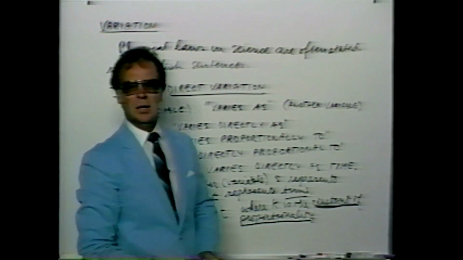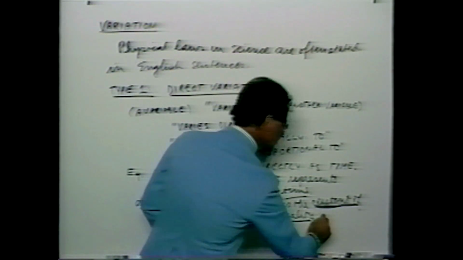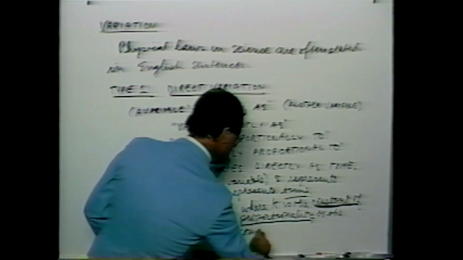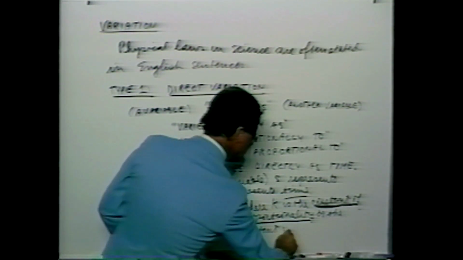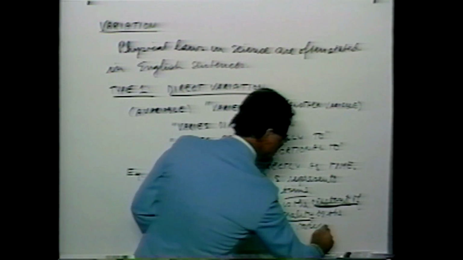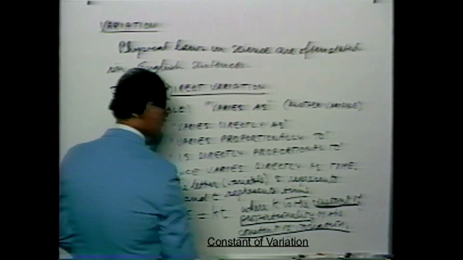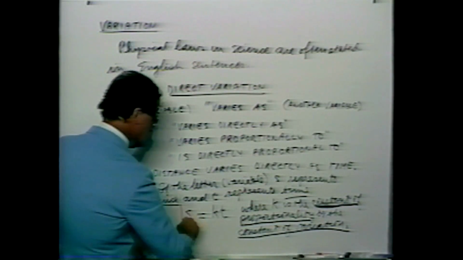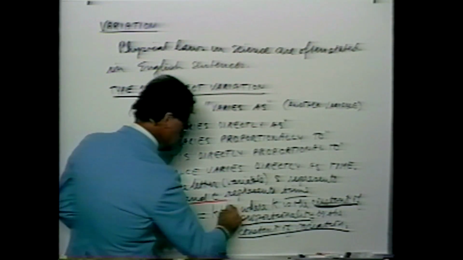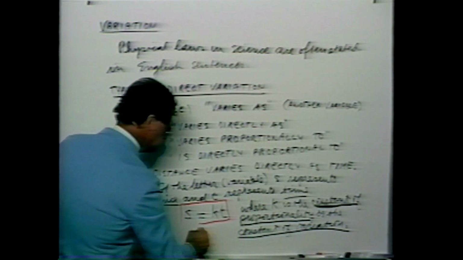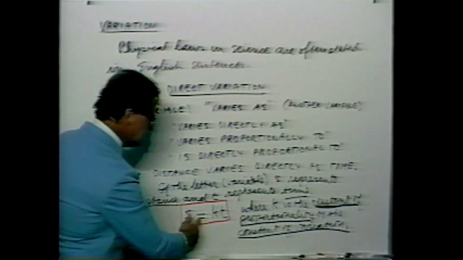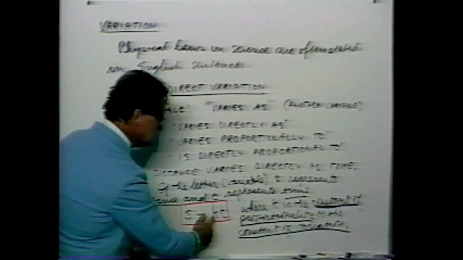Or sometimes called the constant of variation. Then the formula is S equals KT.